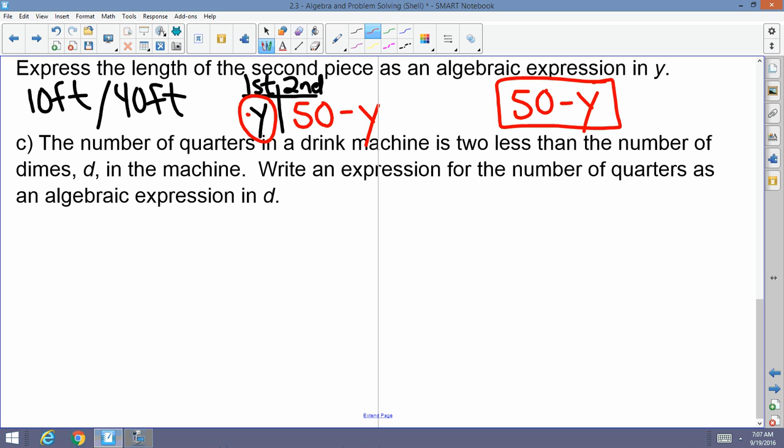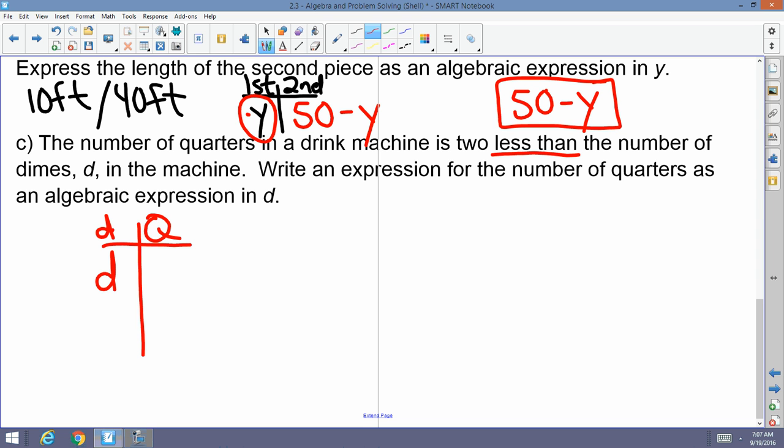The number of quarters in a drink machine is 2 less than the number of dimes D in the machine. Okay, so we're talking about dimes and quarters. And it says that the number of quarters in a drink machine is 2 less than the number of dimes D. So dimes is D and Q is 2 less than.